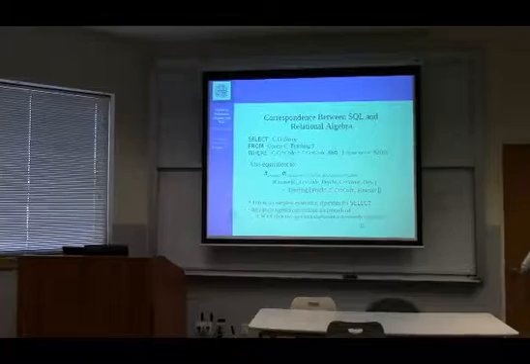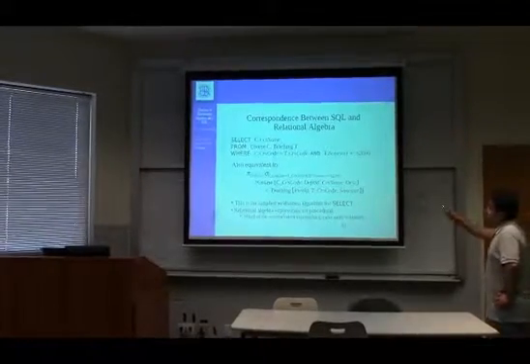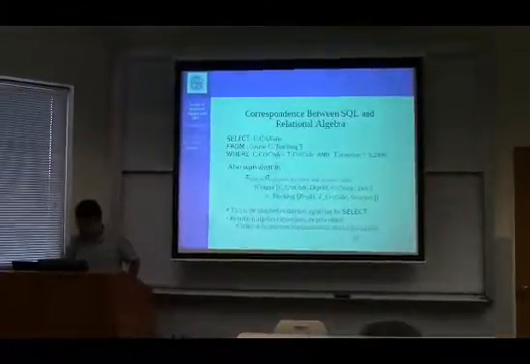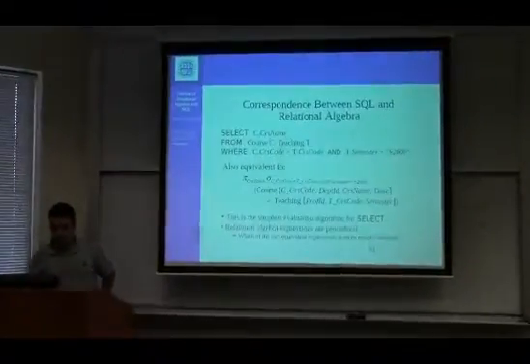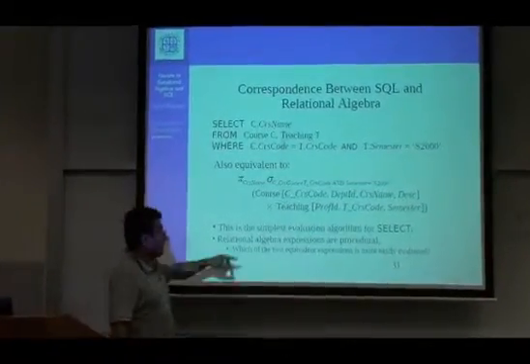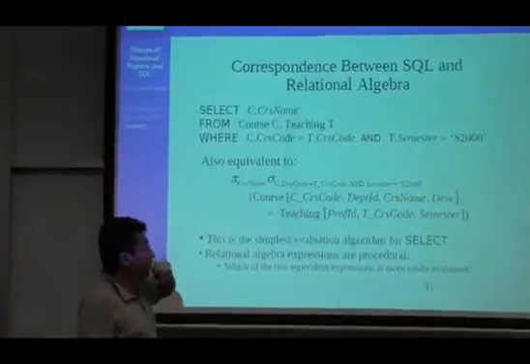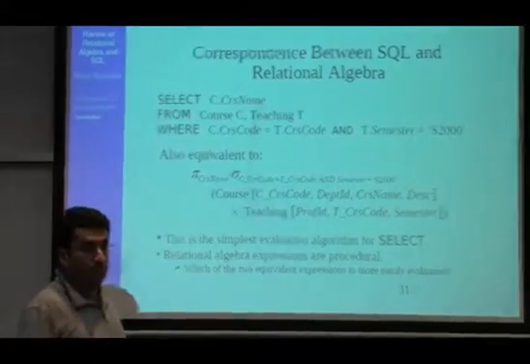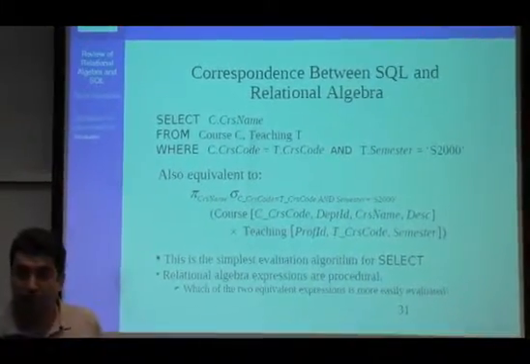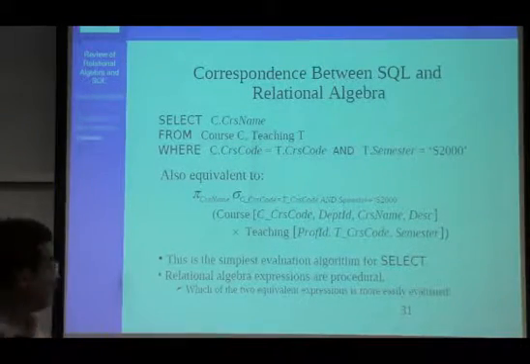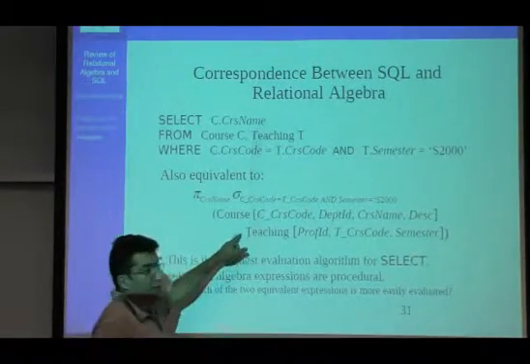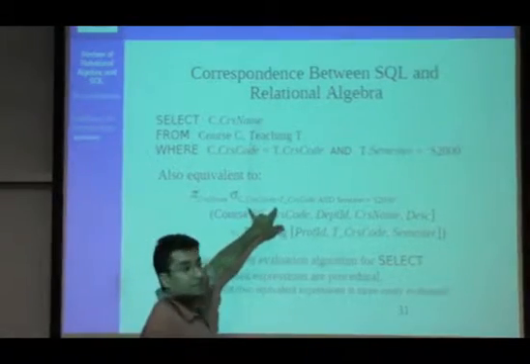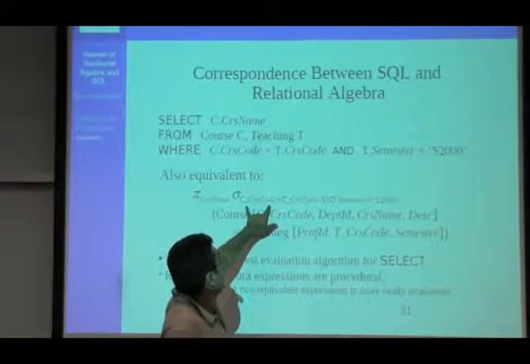In the SQL query, we had this select query. We can also write another equivalent for this select query. How can we write this correspondence? We simply transform the join into the Cartesian product and add this join condition.